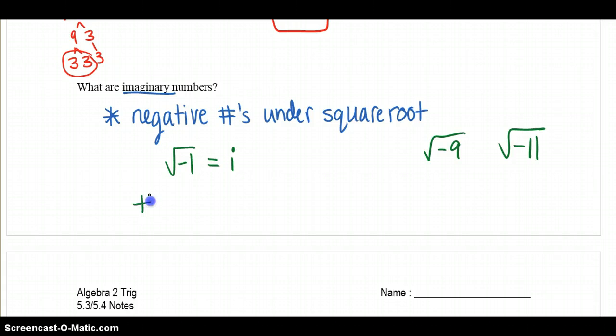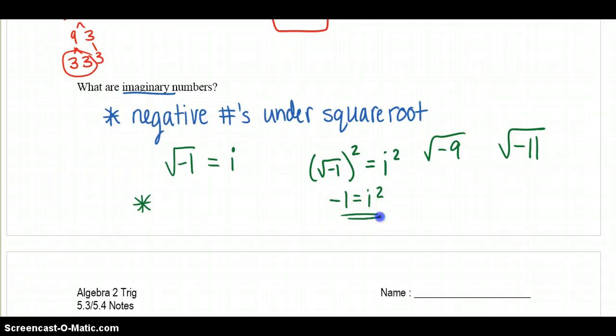Okay, and then another important fact that we're going to use later on is if I square both sides here, I actually get the square root, oops, I wrote that wrong. I get the square root of negative 1 squared, and then i squared. And a square undoes the square root, so I actually end up with this really important fact here. And that fact is that i squared is equal to negative 1. Okay, we're going to use that a lot later, so that's a good one to know.